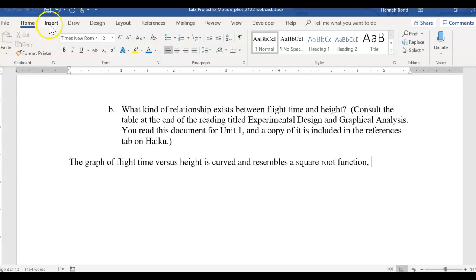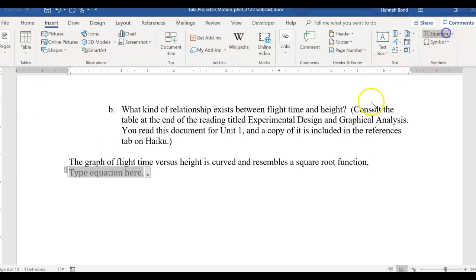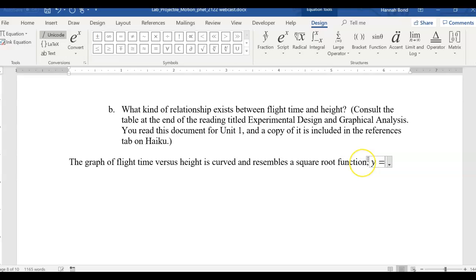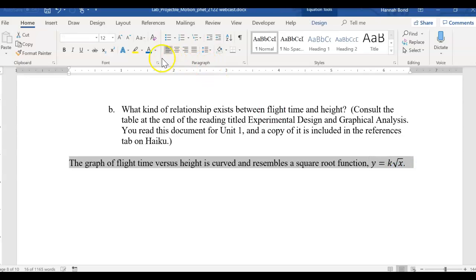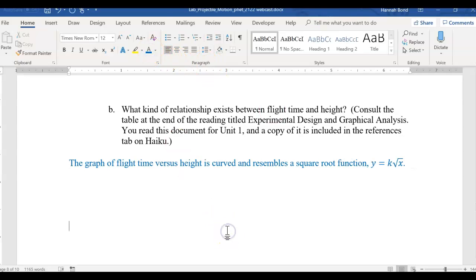And a square root function would have a parent equation that looks like y equals some constant k times the square root of x. So that's the type of function that it looks like since our graph was curved in that way.